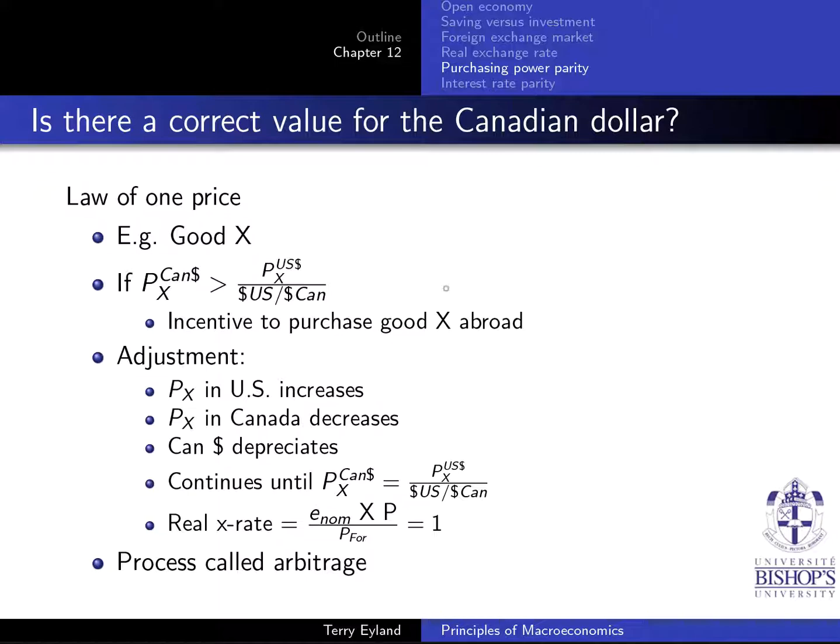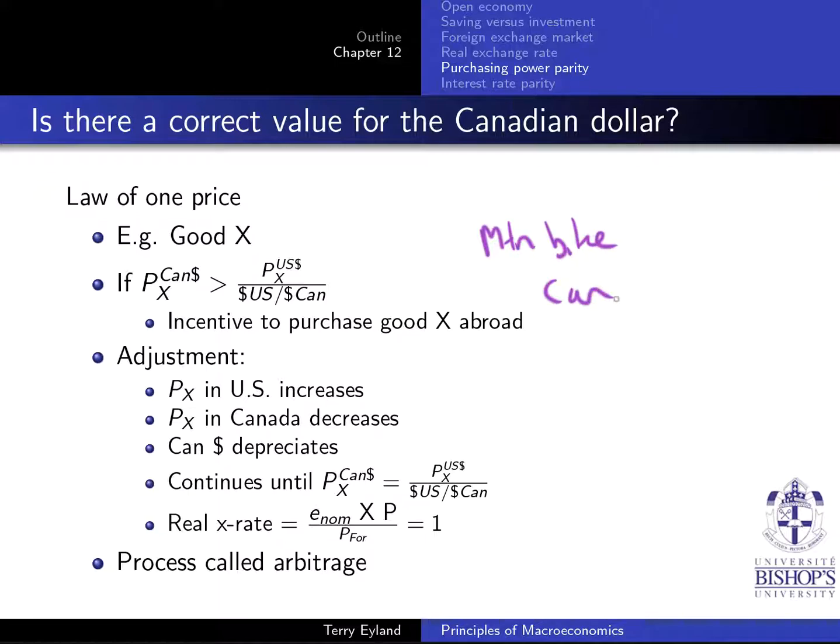So if the price of the good is more expensive here than the price abroad, adjusted for the exchange rate, there's an incentive to buy that good abroad. Think about mountain bikes in Canada or in the States.